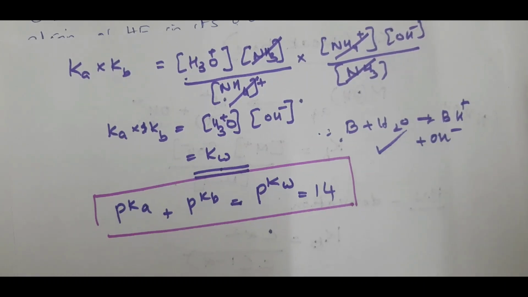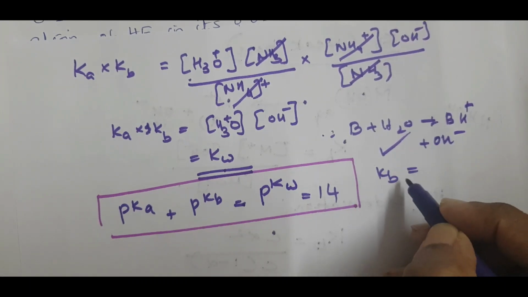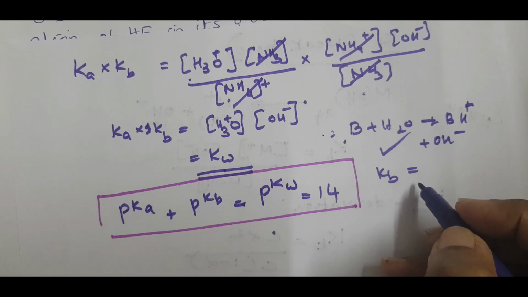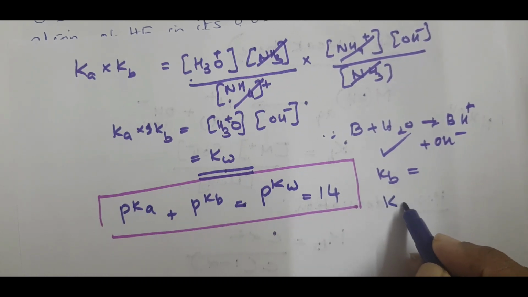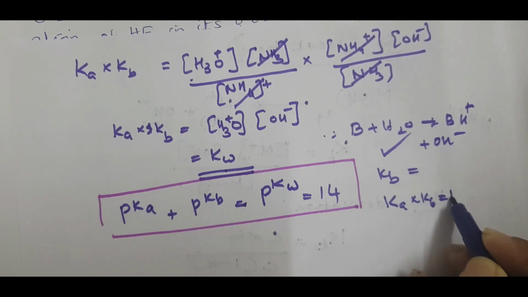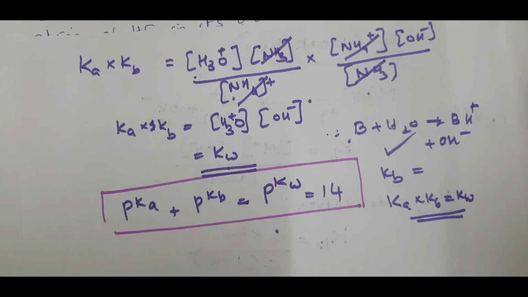Take this case. And then you will get the Kb. Then you have to make it as Ka into Kb is equal to Kw. So please see whether you can find it or not.